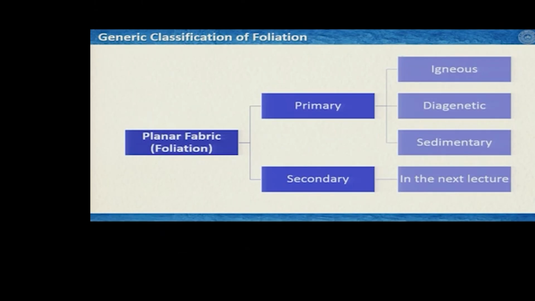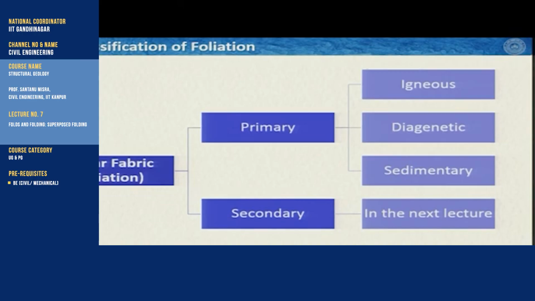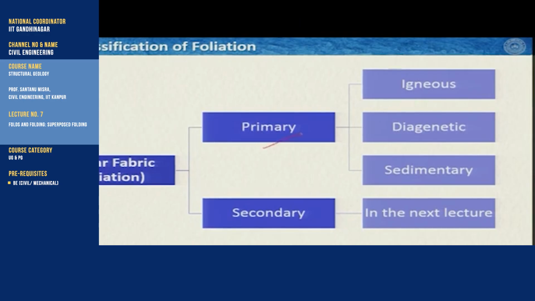So, let us do the classification of foliation, and as I said, we will do a generic classification. On this side we have planar fabric or foliation, and we can classify it into two major classes. One is primary foliation and another is secondary foliation.